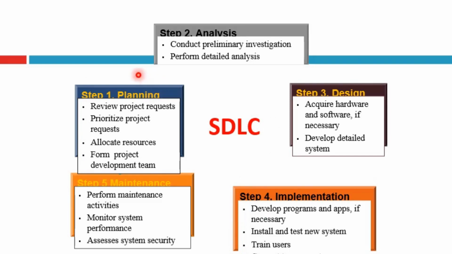For example, we have the planning phase. The planning phase consists of 4 activities: review project requests, prioritize project requests, allocate resources, and form project development team. Phase 2, analysis, consists of 2 activities: conduct preliminary investigation, also known as feasibility study.